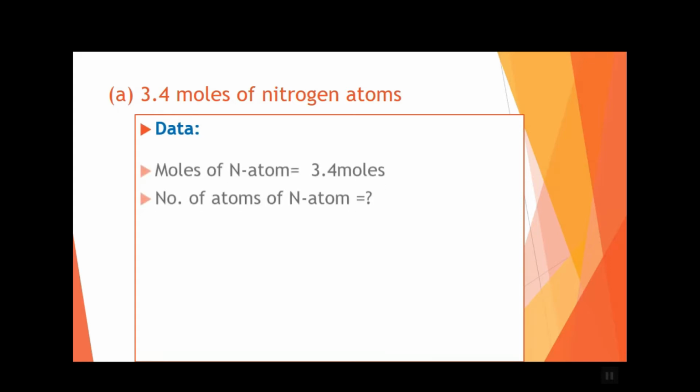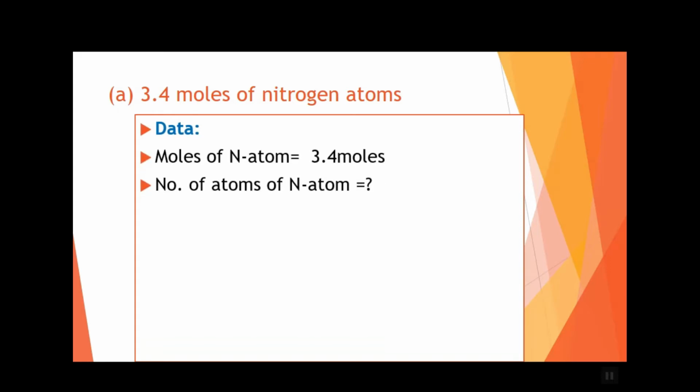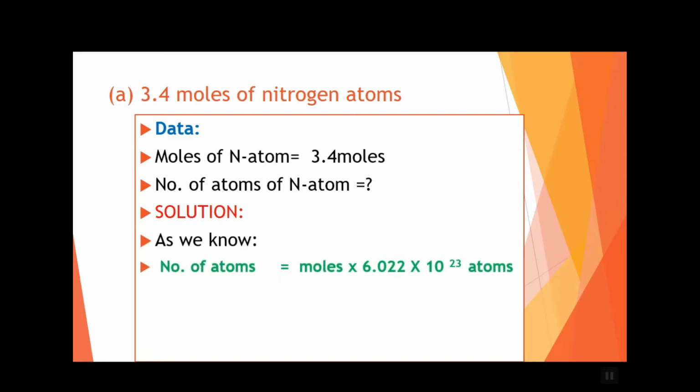Now, part A, 3.4 moles of nitrogen atoms. Our data is moles of nitrogen atom is equal to 3.4 moles and number of atoms of nitrogen atom we don't know. So, our solution is, as we know, number of atoms is equal to moles into 6.022 exponent 23 atoms. We apply the formula of number of atoms, that is equal to moles into Avogadro's number.